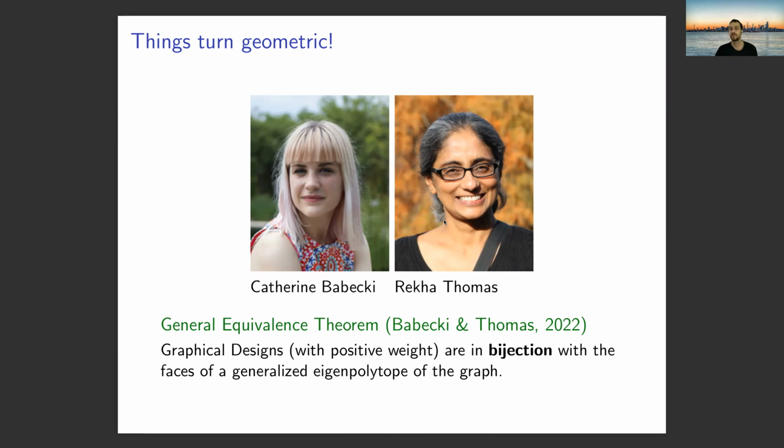I'm not very qualified to speak on this, but it associates to each graph and the corresponding eigenvectors a polytope in high-dimensional space, and it turns out there's a one-to-one equivalence between graphical designs with positive weight and the generalized eigenpolytope. There's probably people in the audience who are infinitely more qualified than me to speak on this, and I'm barely qualified, so I won't.